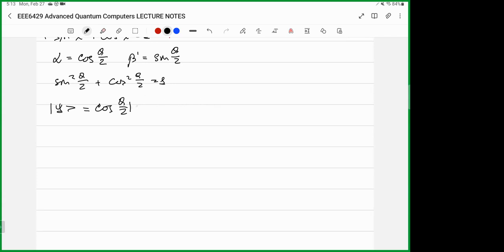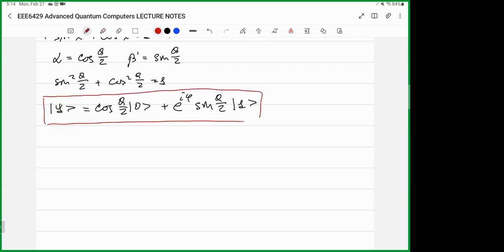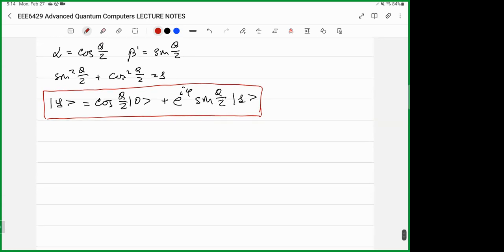So we started from two variables, alpha and beta, and ended with another expression with also two parameters, theta and phi. And this is basically the same state, just expressed in other variables.